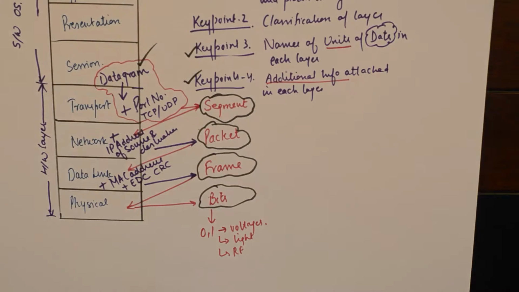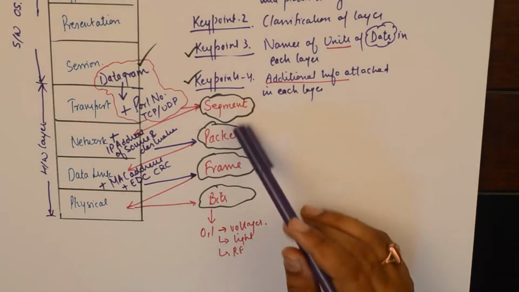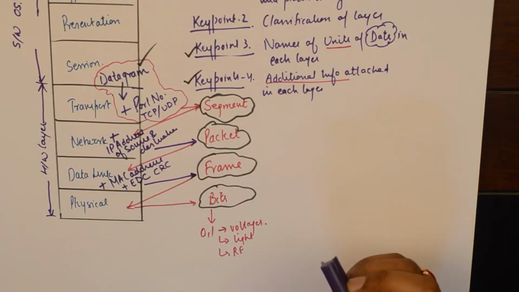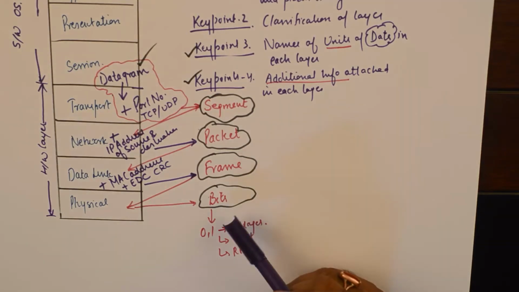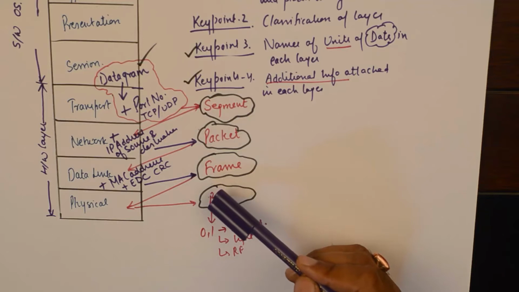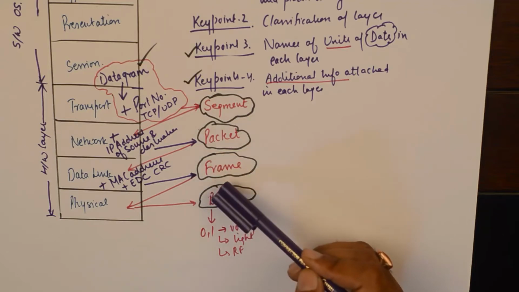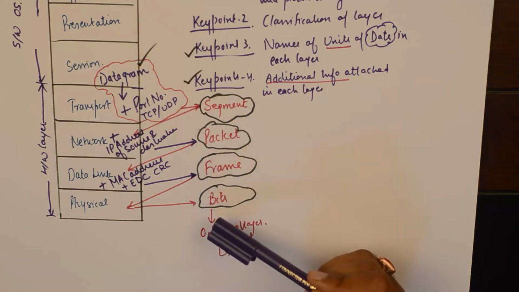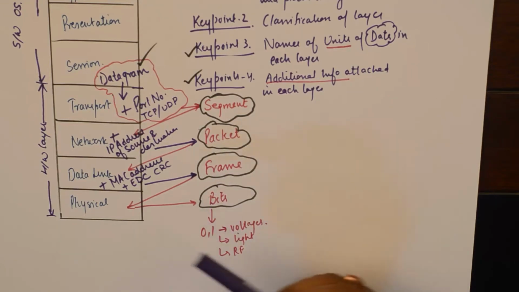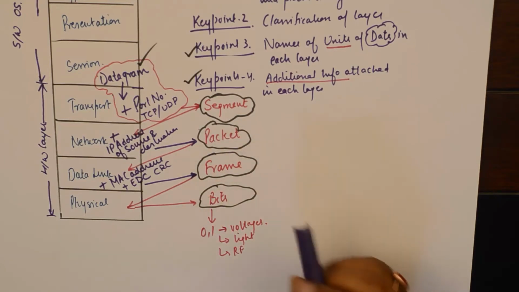And sometimes students tend to confuse between the data units being generated at each layer. So what I tell them is a trick to remember this. All these data units start from an alphabet which is chronological in the English alphabet series.